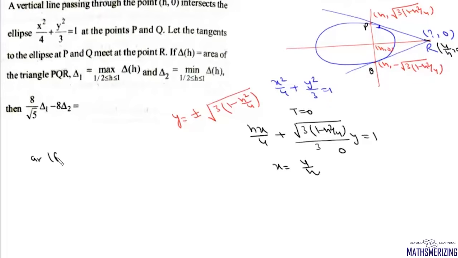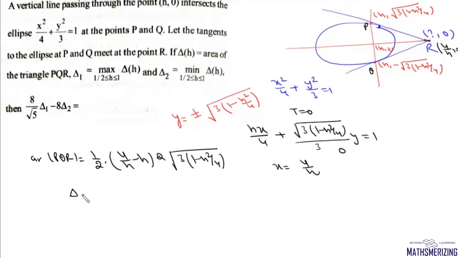So the area of triangle PQR is given by 1 by 2, then the height in this case is 4 upon h minus h, into this height, and this height is simply 2 under root 3 times (1 minus h square by 4).